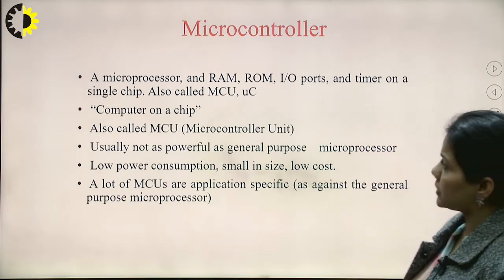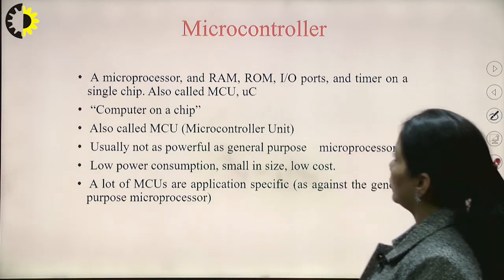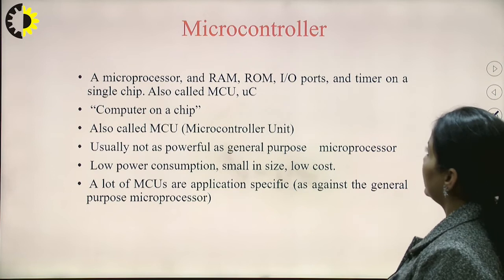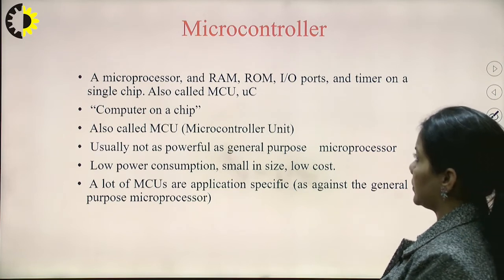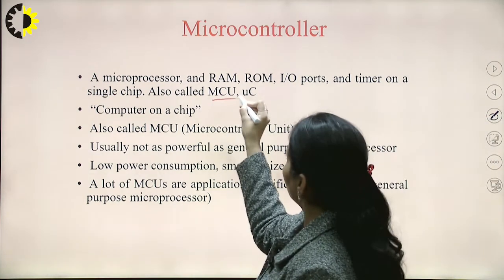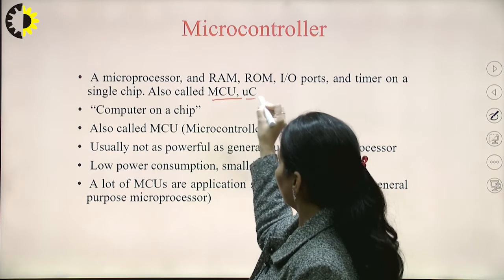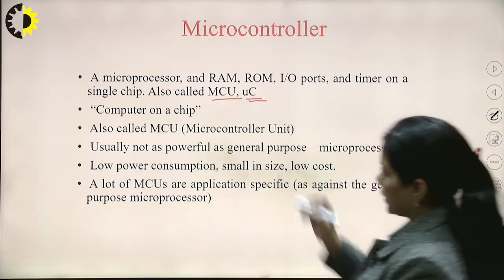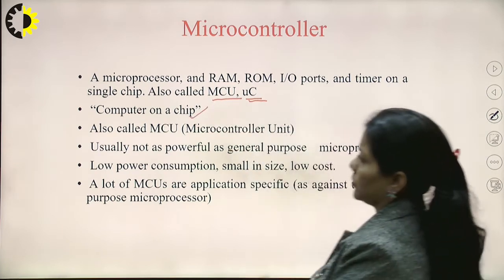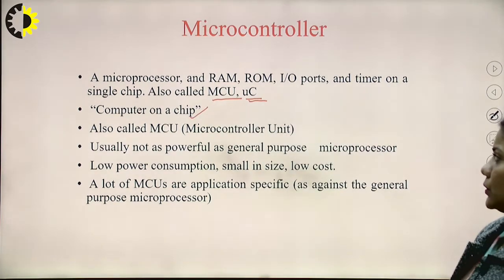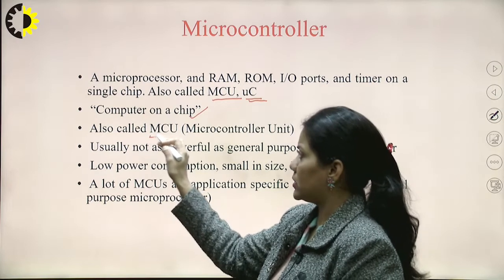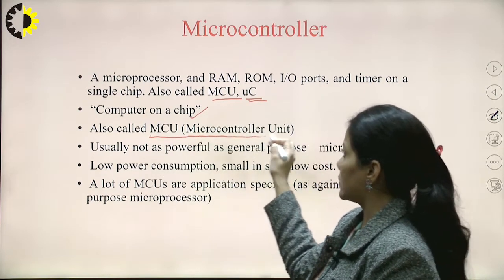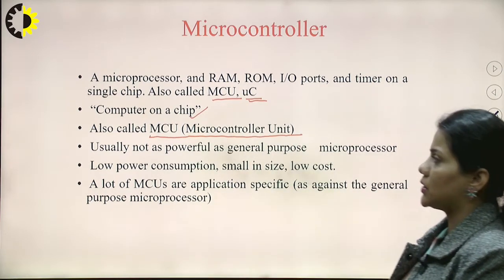So a microprocessor, RAM, ROM, input-output ports, and timer present on a single chip is known as the microcontroller, or we can say a computer on a chip. Generally, we call it a microcontroller unit, MCU.